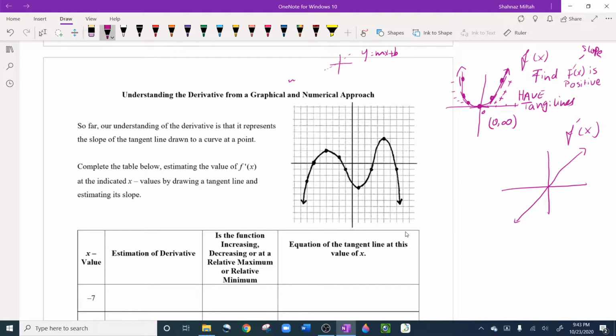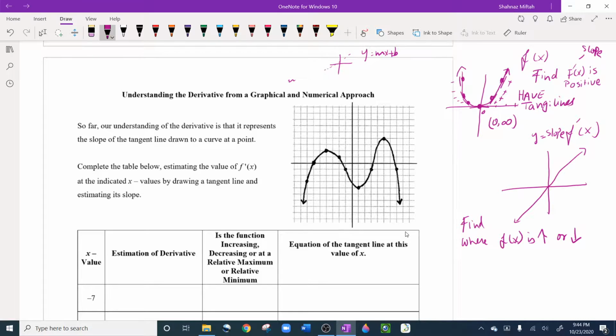If they give you f prime x and they're asking at which intervals my f of x is increasing or maybe decreasing, okay? Since this is f prime, the slope, every y value is actually my slope, right? So how do I say that?